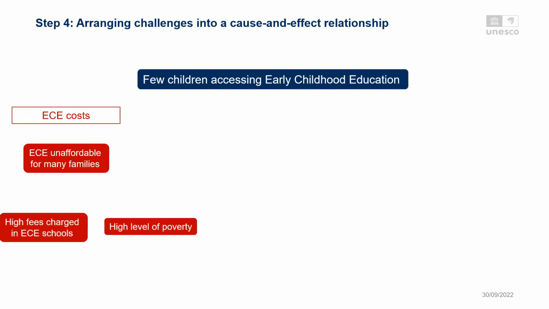We should therefore place the boxes high level of poverty and high fees charged in ECE schools underneath the box ECE unaffordable for many families, with upward arrows to demonstrate the cause-effect relationship.